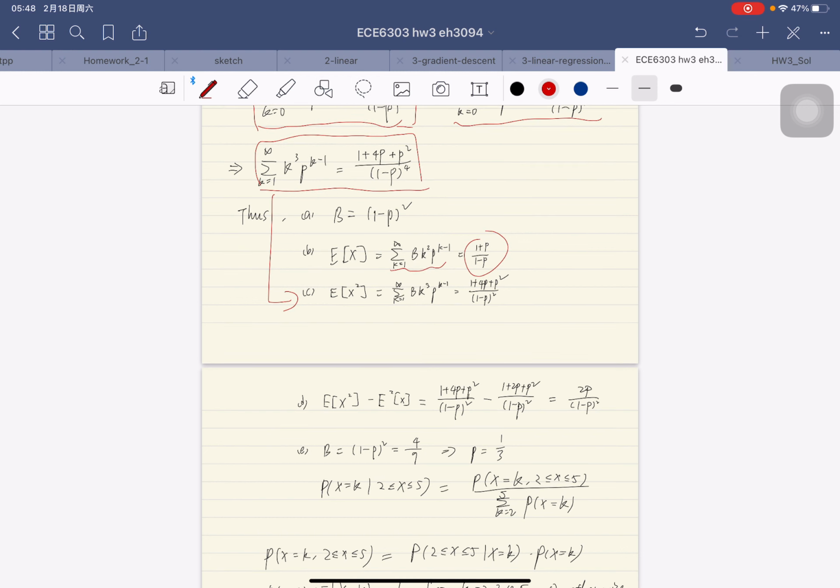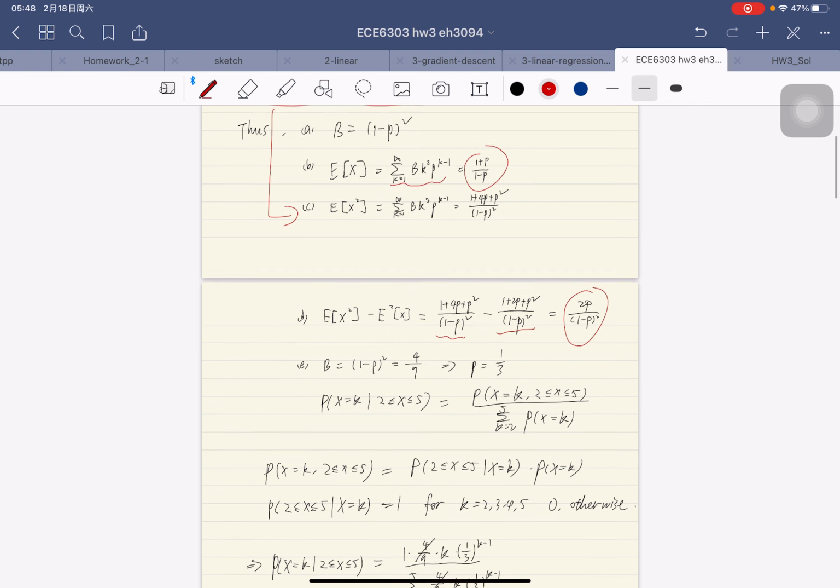And the fourth problem is simply done by subtracting the square of the result from the second one from the result of the third problem, and we will finally get this result.